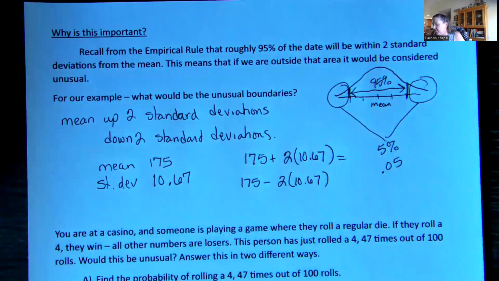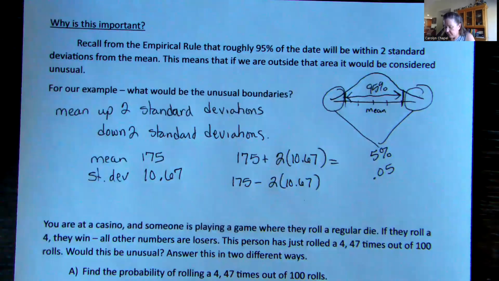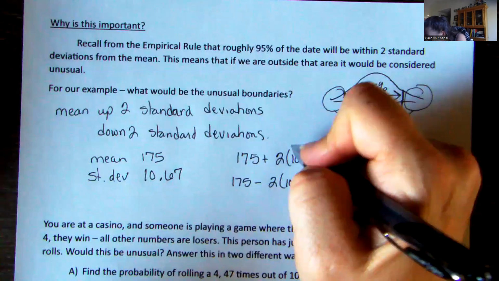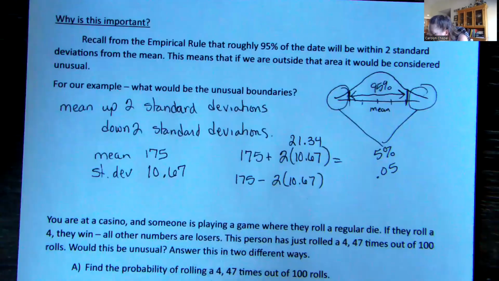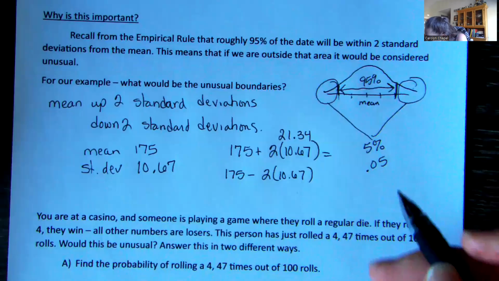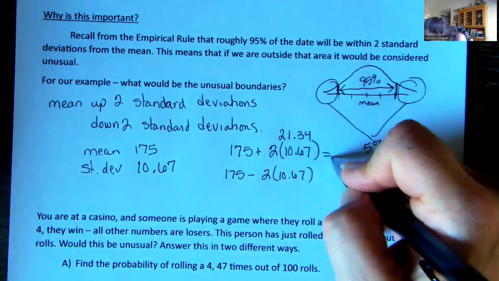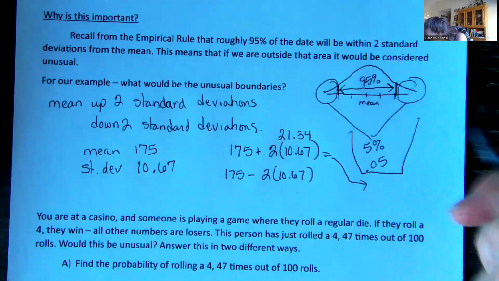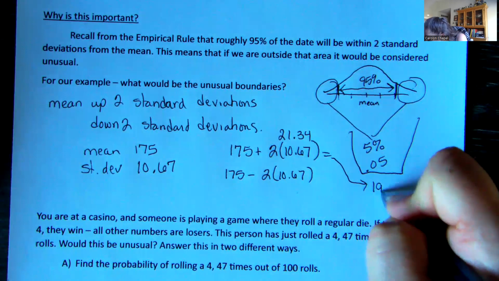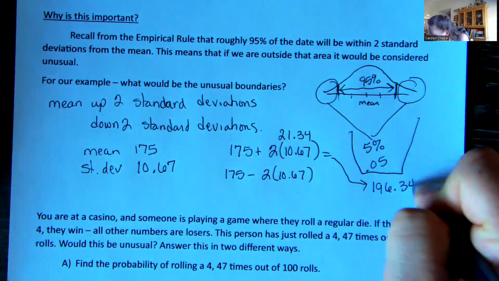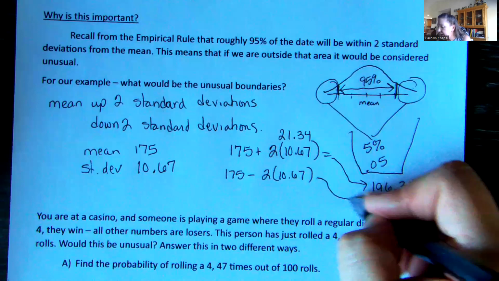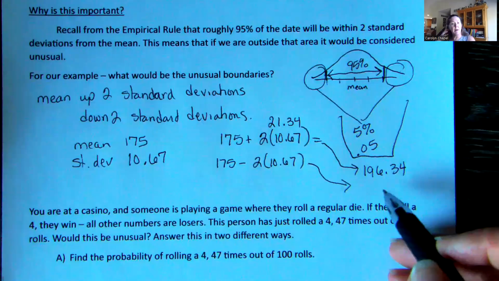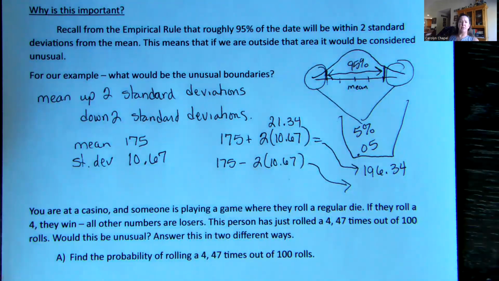So I'm going to drag out my calculator, do my multiplying first. So 2 times 10.67 was 21.34. If I add that on to 175, I'm going to write it down here for us, kind of avoid this area. I get 196.34. So if I am bigger than that, so if I came up and I said, hey, I've got 300, we were only doing 500 people, 300 people preferred purple.